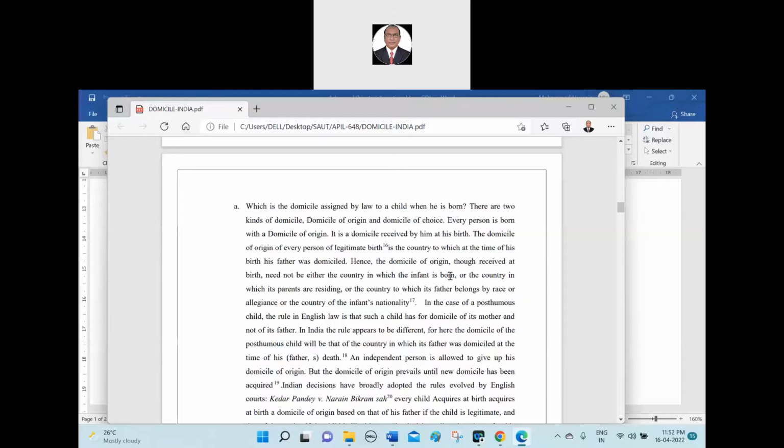Hence, the domicile of origin received at birth need not be the country in which the infant is born. It is not necessarily where the infant is born. For instance, suppose your father and mother went to the United States of America for sightseeing, and you were born there.